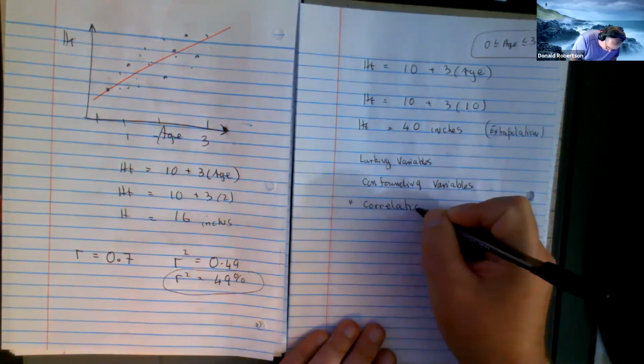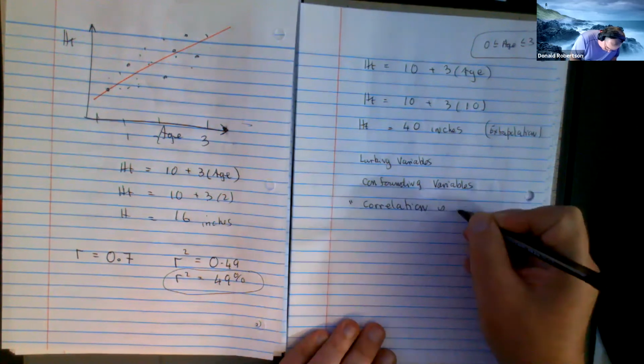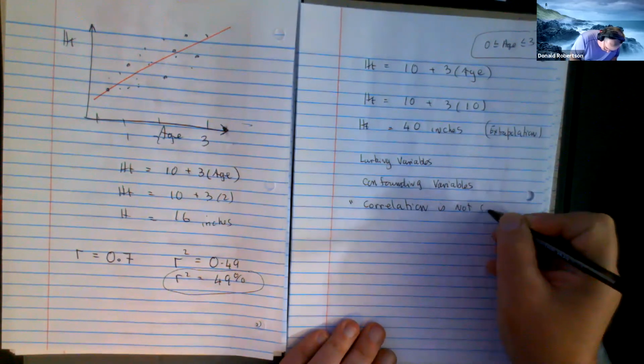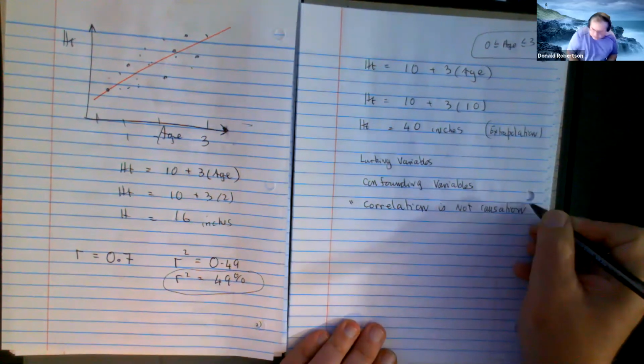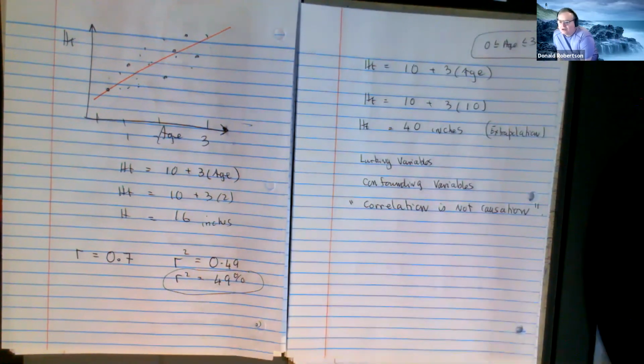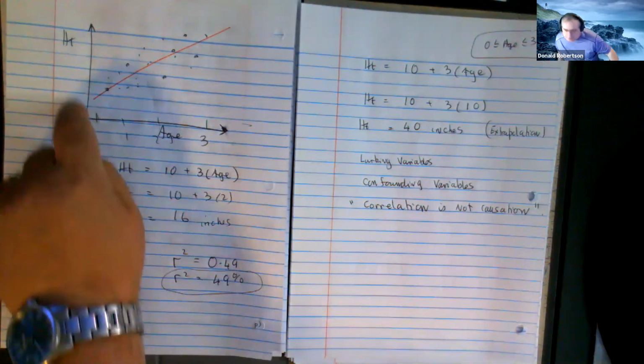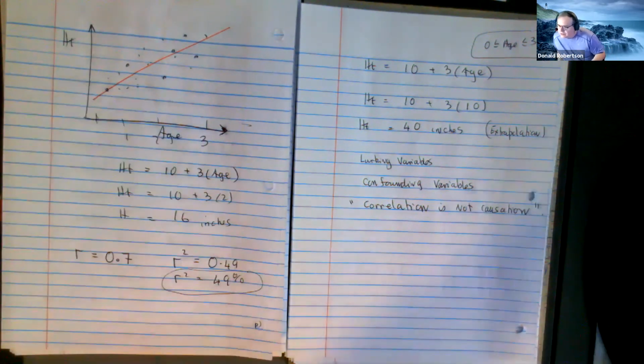And that phrase is correlation is not guaranteed to mean causation. In other words, X doesn't necessarily cause Y. Now, I think in this case, it would be reasonable to assume that the age of an animal is the main reason it is the height it is, right? As you grow older, you get taller, right?